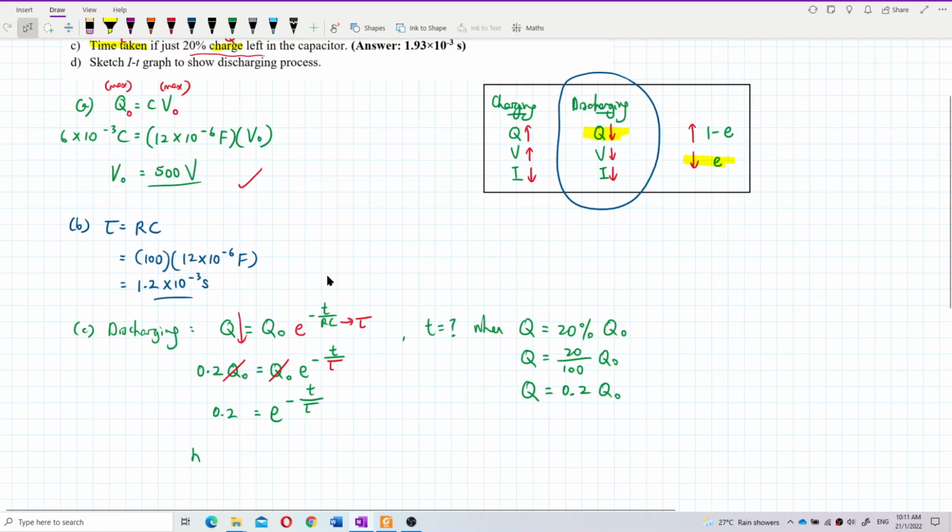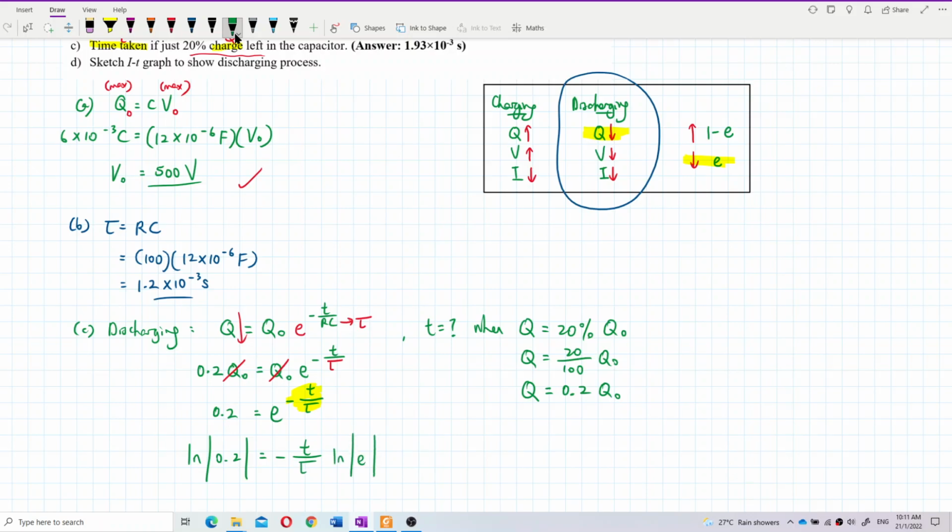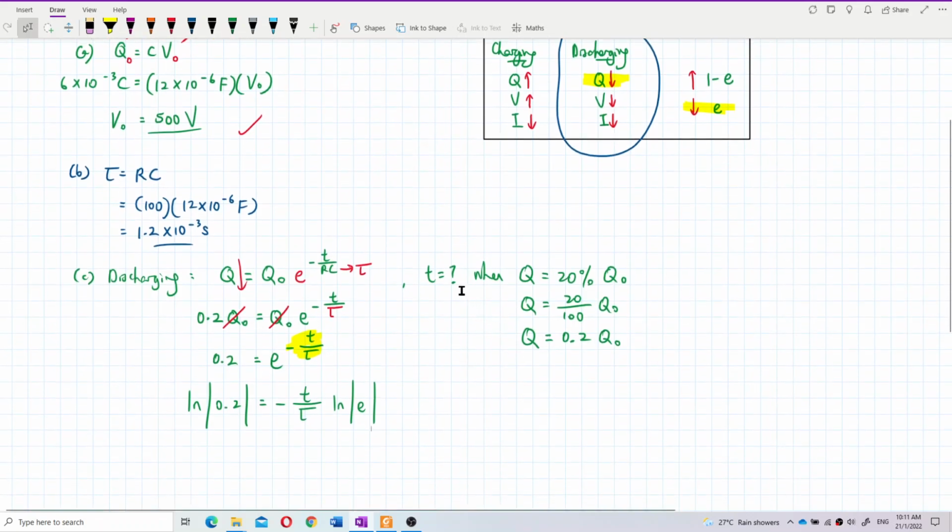When I ln both sides, I can carry down the exponent, so it becomes negative T over tau ln E. Ln E is equal to 1.